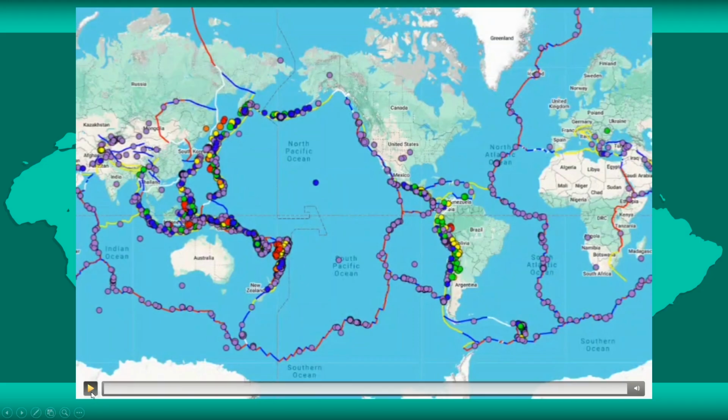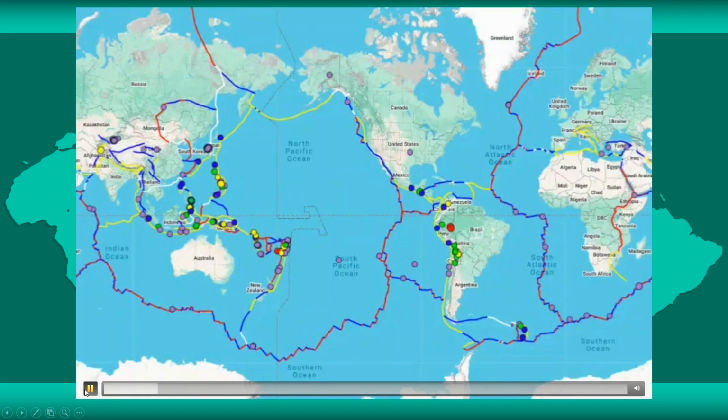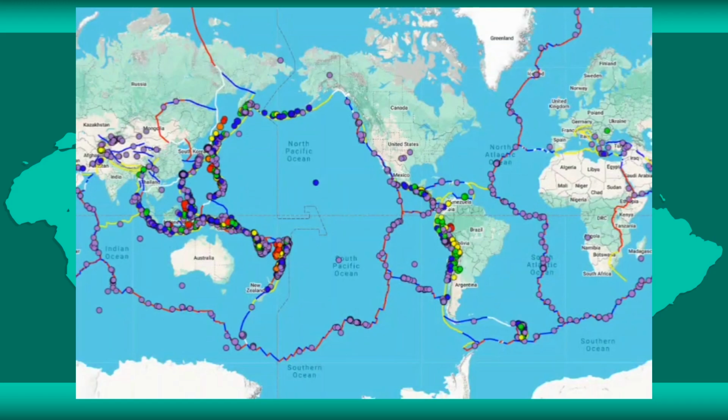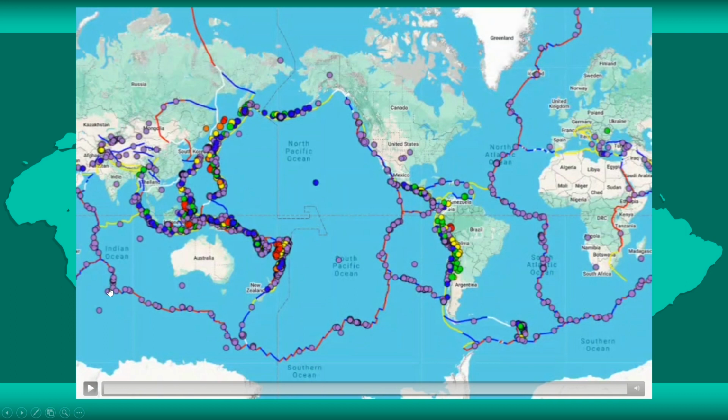I will play it again and then you can realize that yes, they are occurring. In some areas you have large magnitude earthquakes, moderate magnitude earthquakes, and micro earthquakes going on. Even in the ocean, on the oceanic plate, we have the spreading centers and all that.